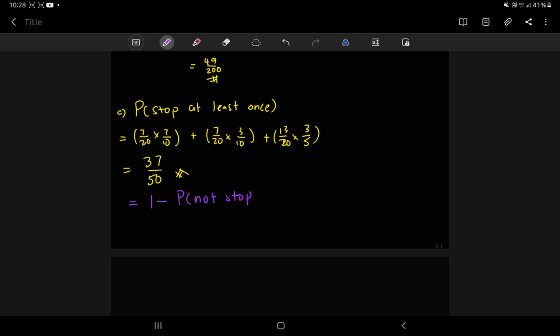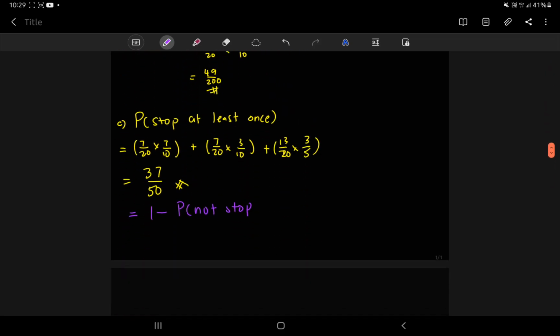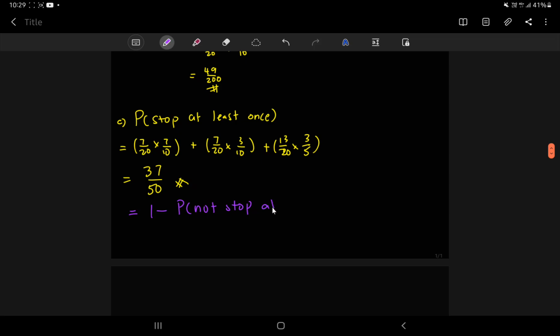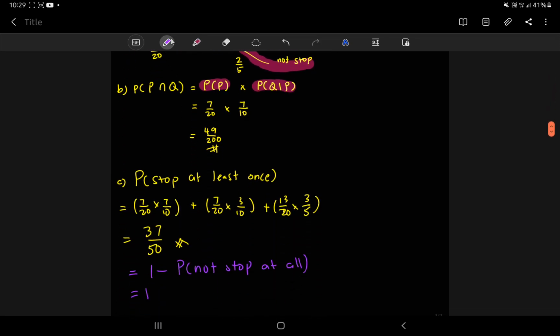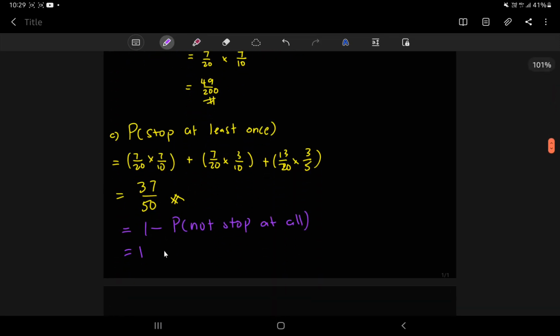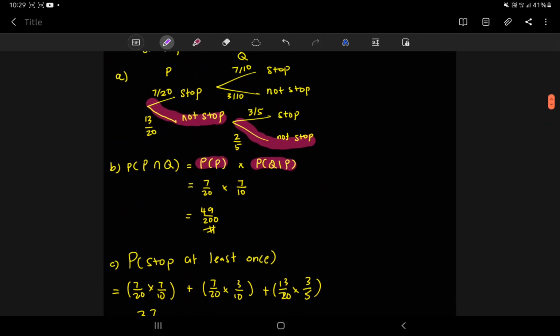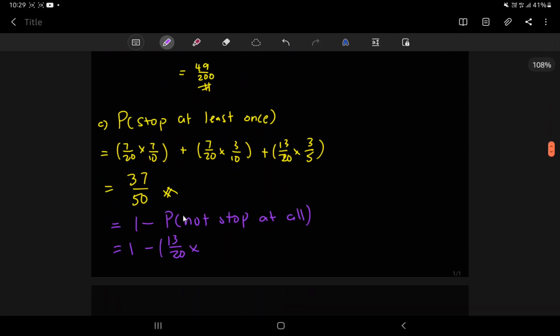Not stopping at all means not stop at P and not stop at Q. So not stop at P is 13/20 times 2/5, and then you will get the same answer.